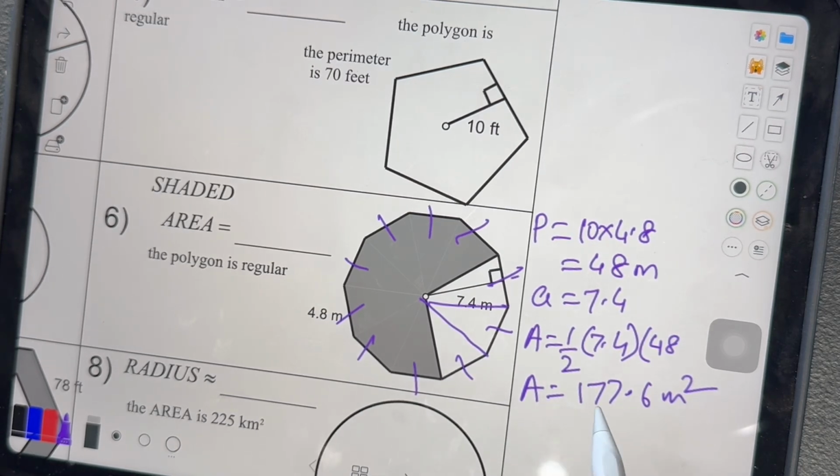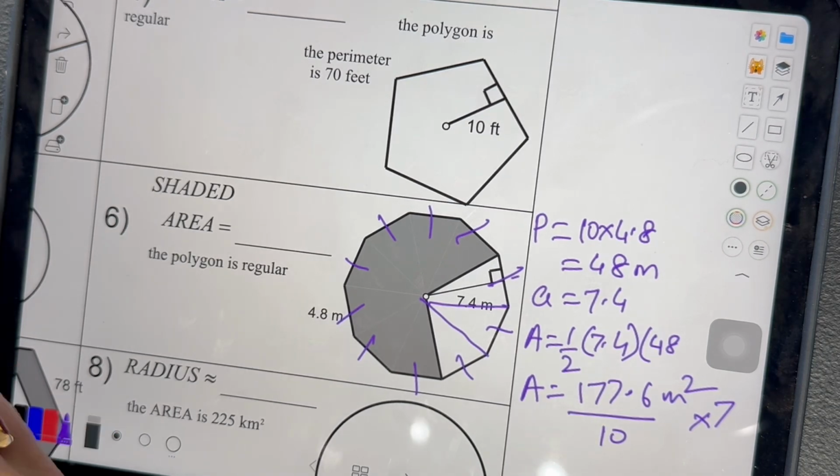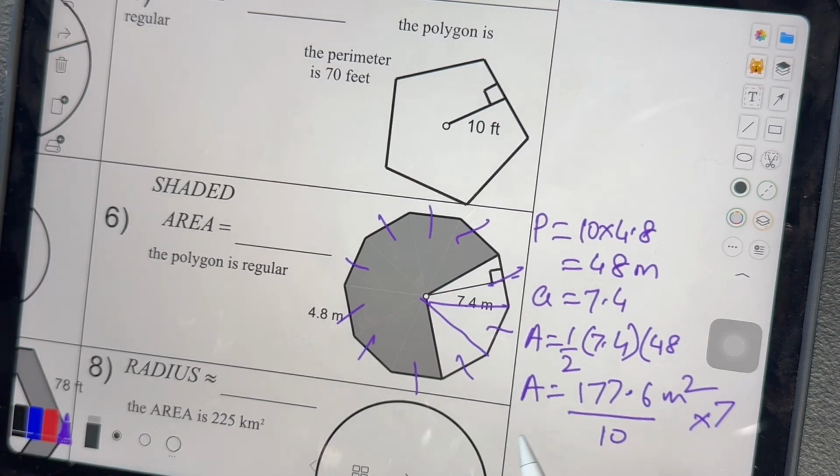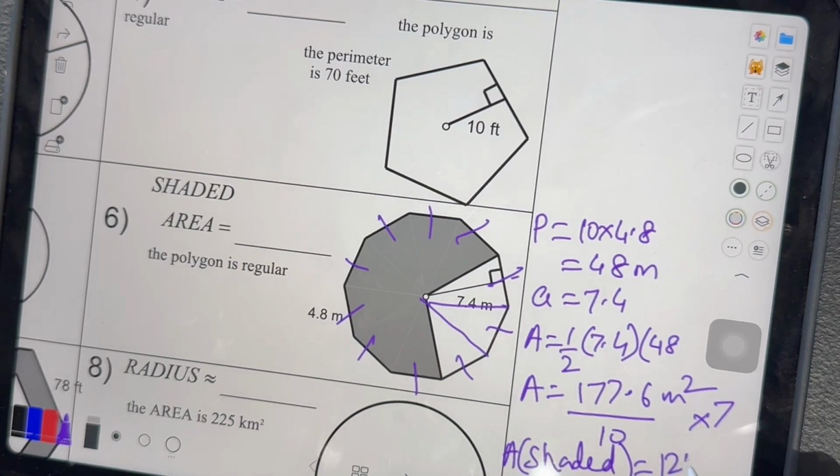So I'm going to divide this by 10 to get the area of each triangle and then multiply by 7. That way I will get the area of the shaded region. So the area of the shaded region is 124.32. Easy, not that hard.